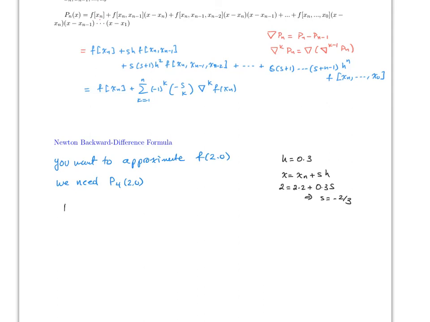The value for p4 of 2.0 is going to be 0.1103623, which, remember, is f of xn, or the last value, and then it will be minus 2/3 times 0.3 times negative 0.57152110, which is the next value on the list, minus 2/3 times 1/3, which is s times s plus 1.